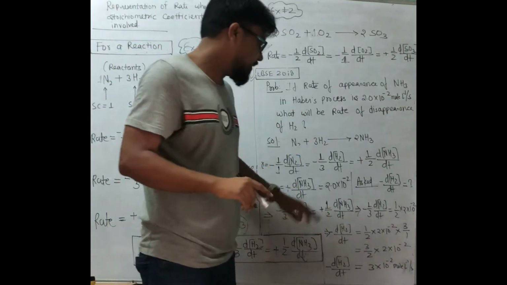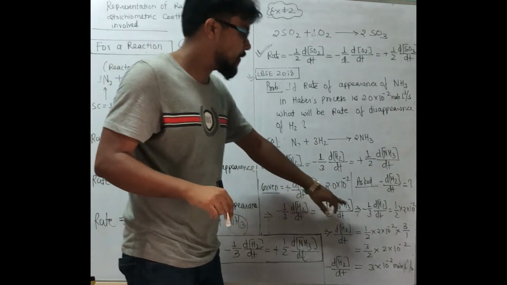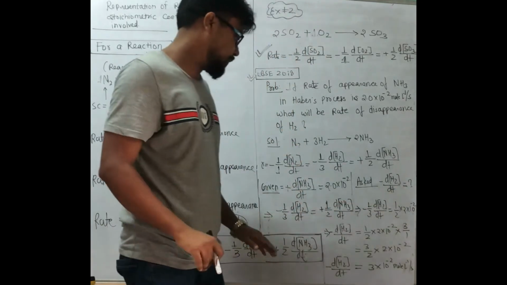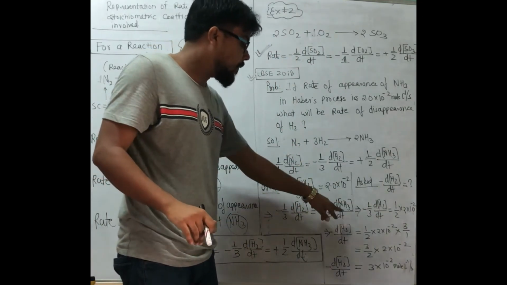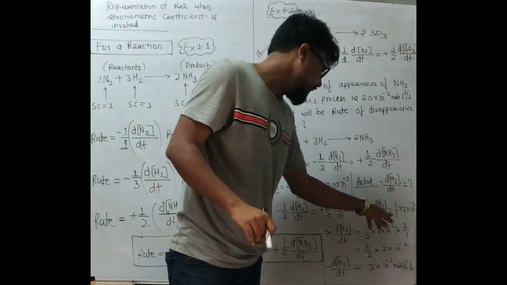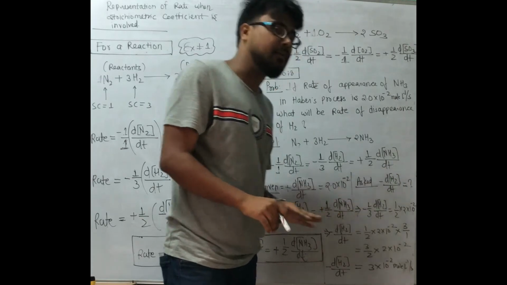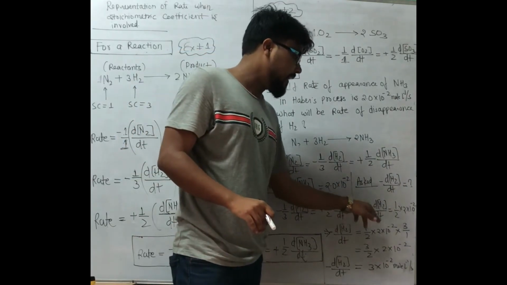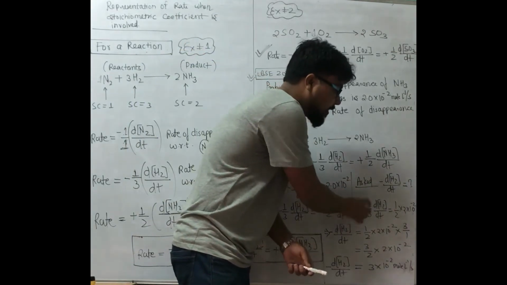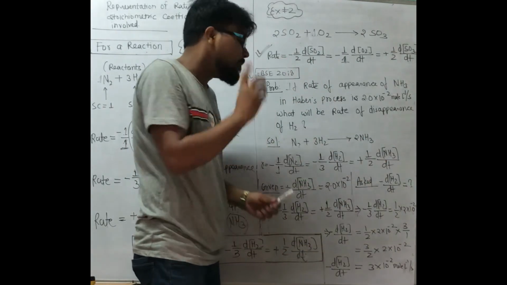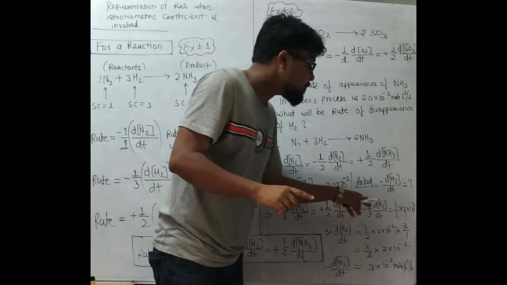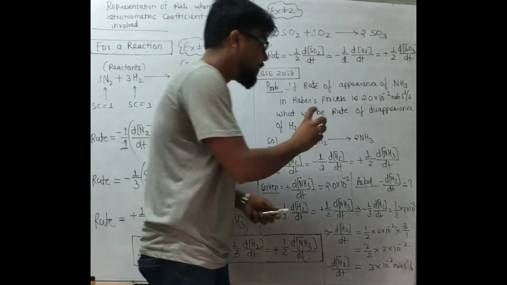Now put the values. What is given, and what is asked? I put d[NH3]/dt as 2 × 10 to the power minus 2. In front of ammonia it is written plus 1 by 2, and 1 by 3 for d[H2]/dt. So in the next step you have to transfer this 1 by 3 to the right side, because we have to calculate minus d[H2]/dt, not minus 1 by 3 d[H2]/dt.